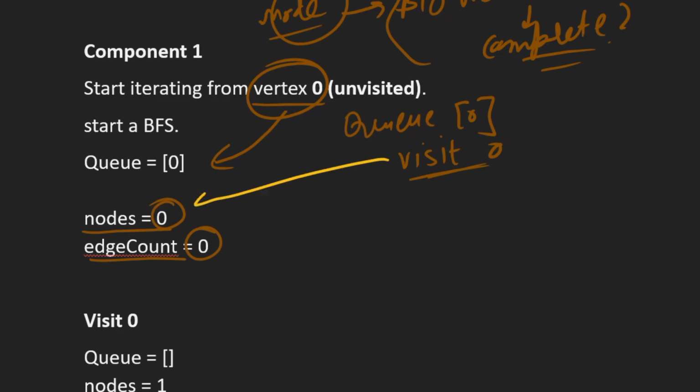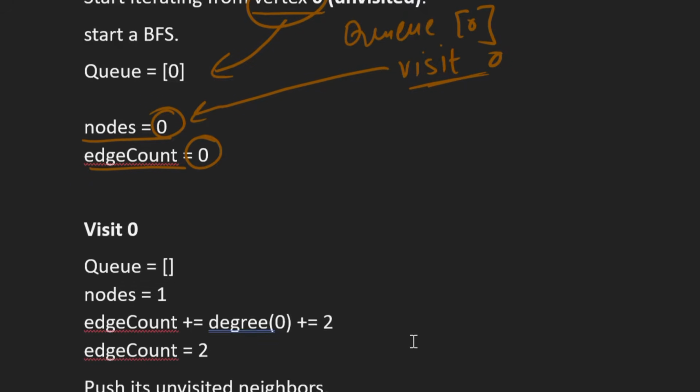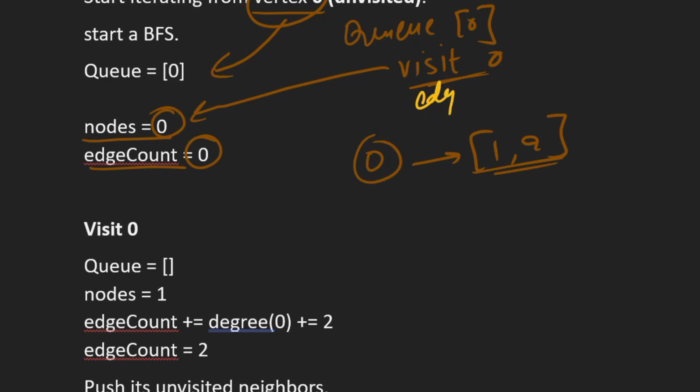In that case our number of nodes will become 1, and the edge count, which is basically the degree of 0. In 0 we have two neighboring nodes, 1 and 2. So edge count will be plus 2, so it will become 2, right?